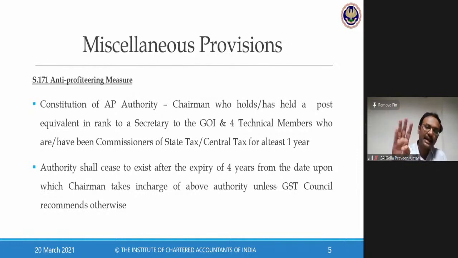These technical members happen to be a commissioner or equivalent cadre who worked with various departments: Commissioner Customs, Commissioner Central Excise, Commissioner Service Tax, or Commissioner VAT, etc. So this authority is constituted with a chairman who is not of a rank less than Secretary to Government of India, and 4 technical members.